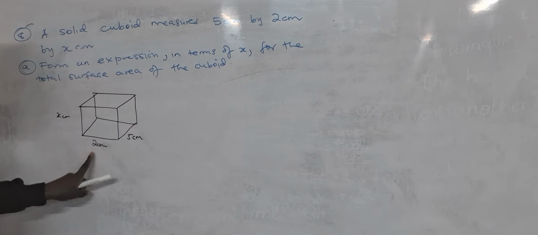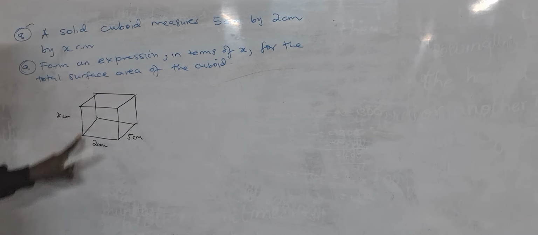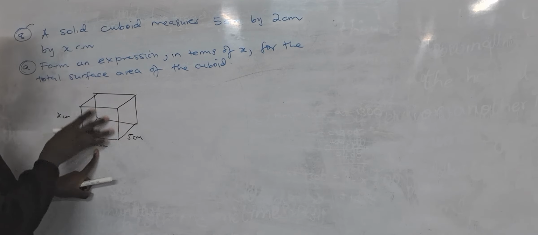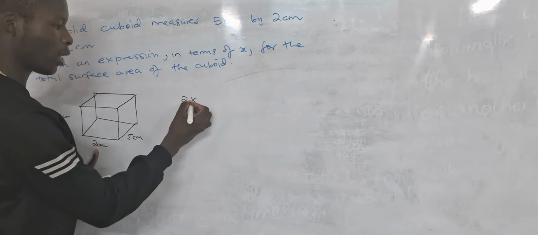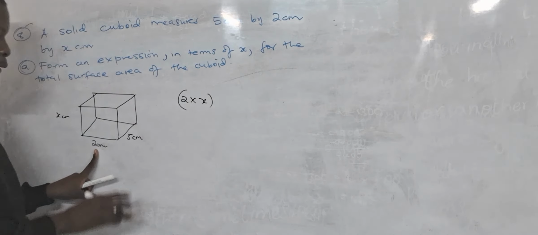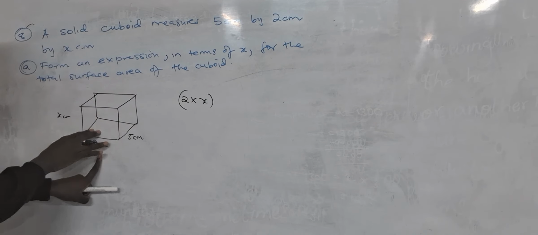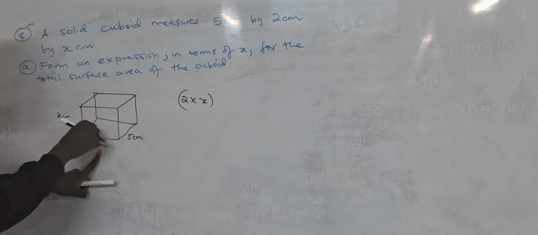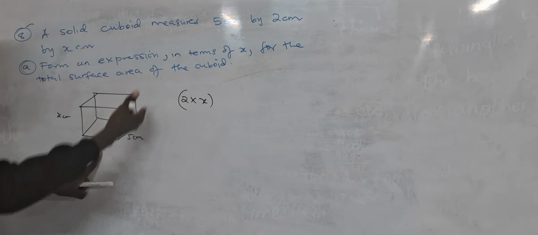Now if you want to find the total surface area, okay, we have this face. From here to here the width is 2 and the height is x. So now you say what is the area of this face? It's width times this height, so it's 2 times x. And how many faces do you have? You have this face and the other face which is behind this, the face which is at the back.